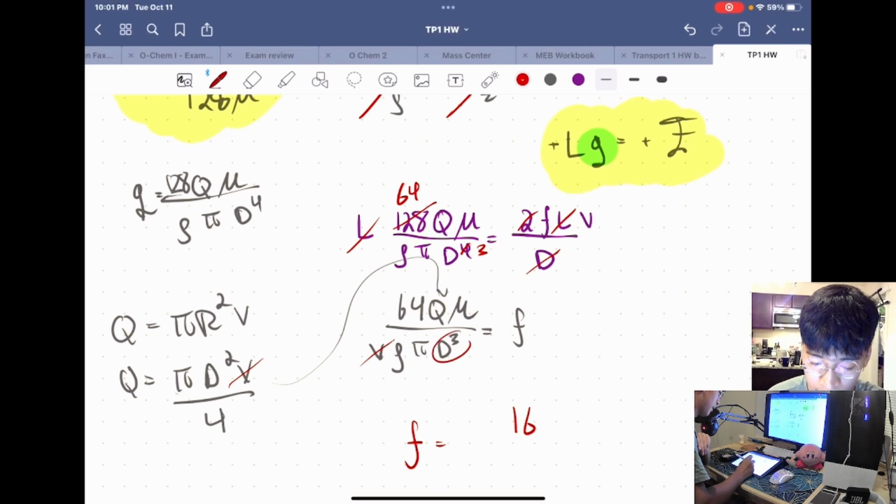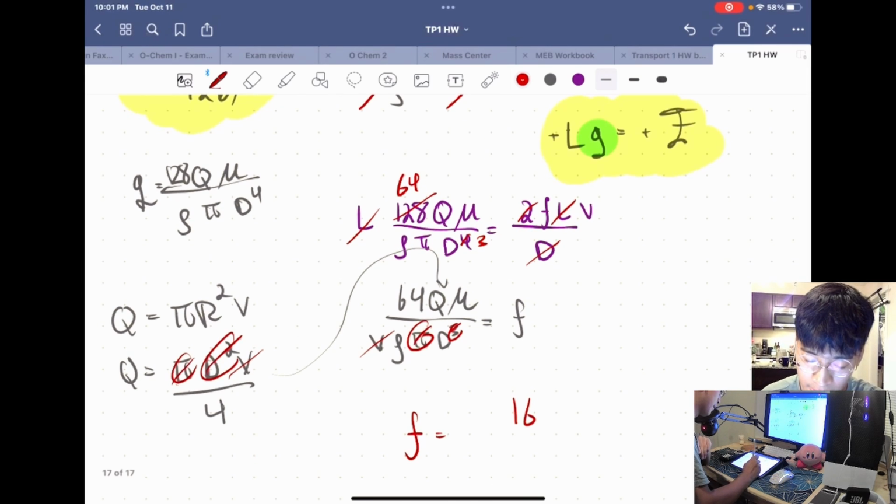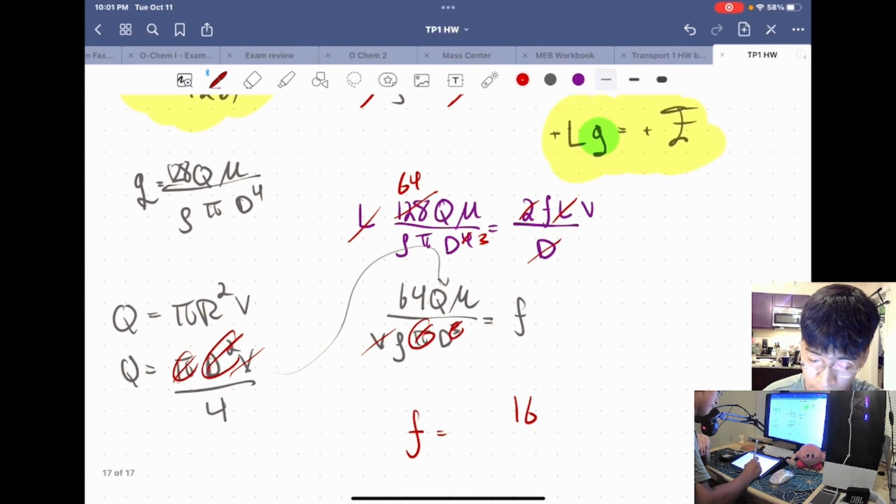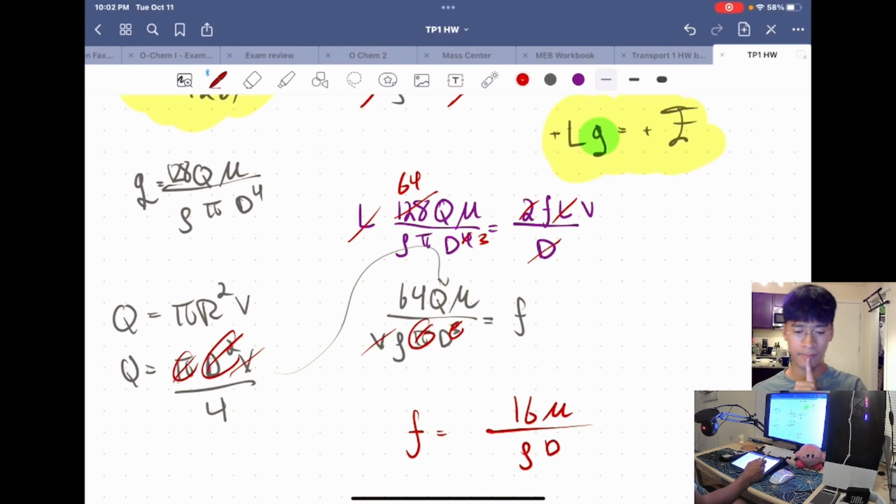And this d gets simplified, and our pi's cancel out. Okay, so we have 16 mu over rho d. Okay, am I missing a term? I don't believe I am.